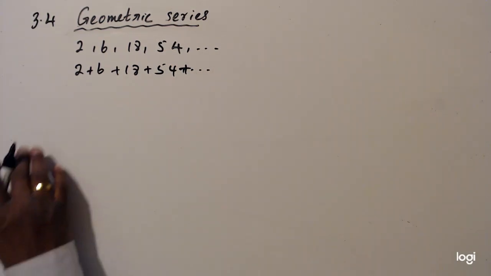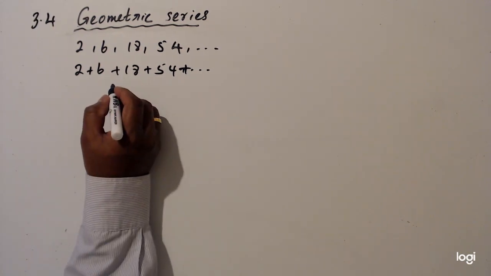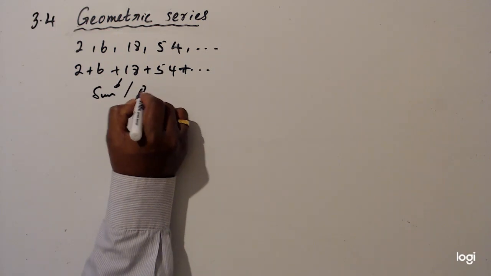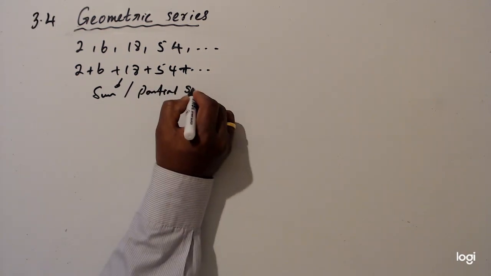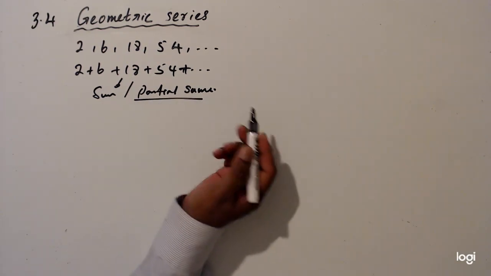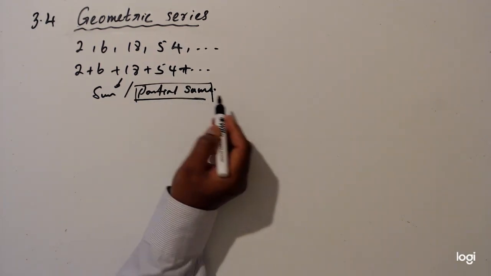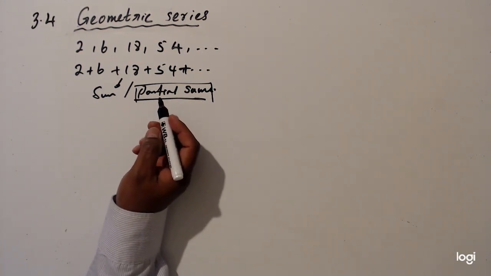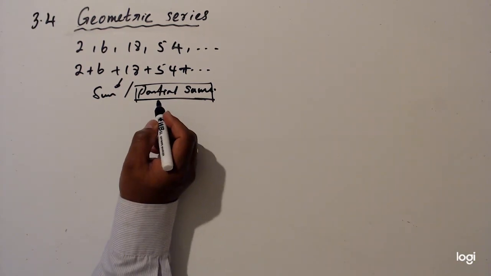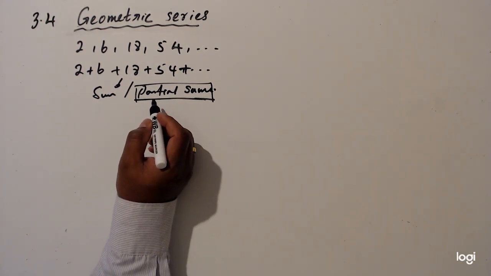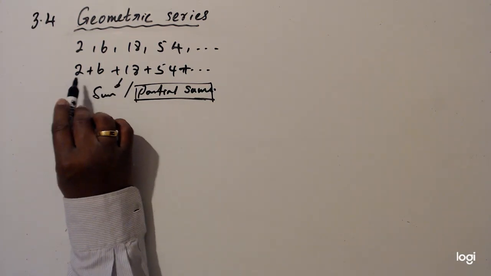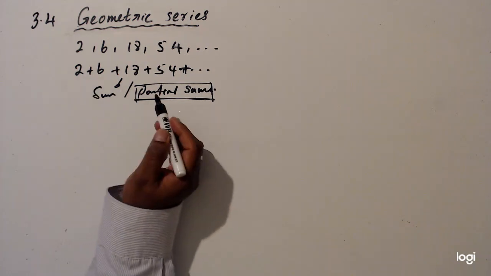In here we can talk about two things. One is the sum, the other one is the partial sum. We are going to talk about the partial sum, and the sum we will discuss later. The partial sum is the addition of some terms from the first.